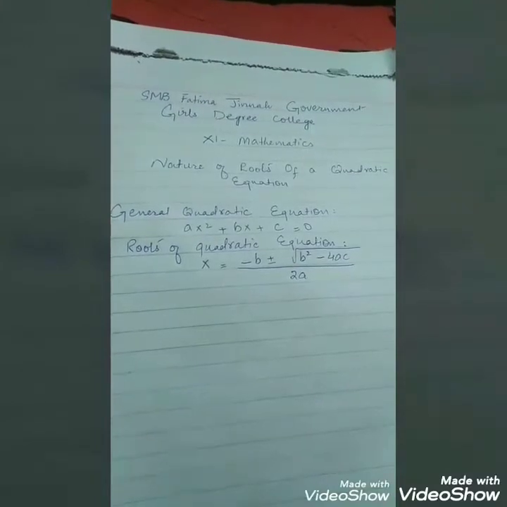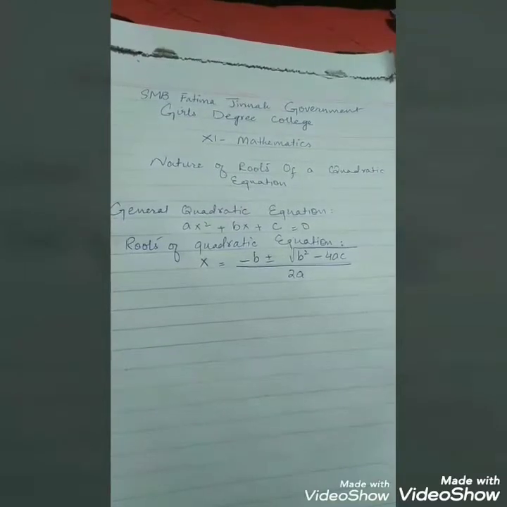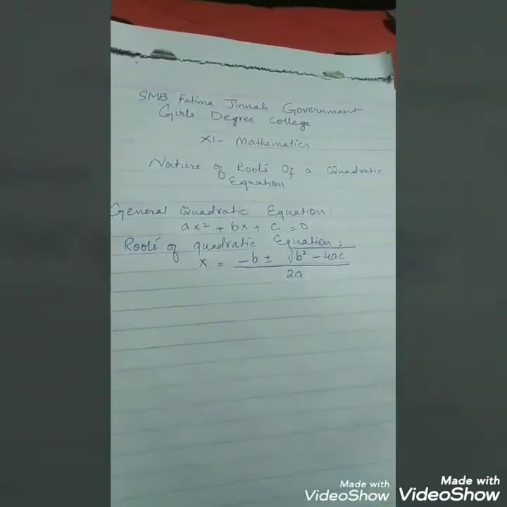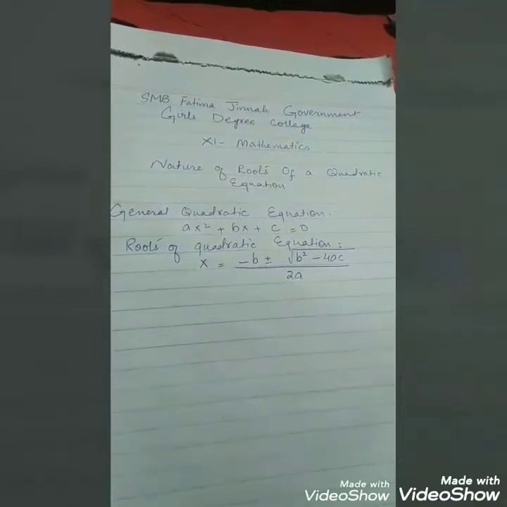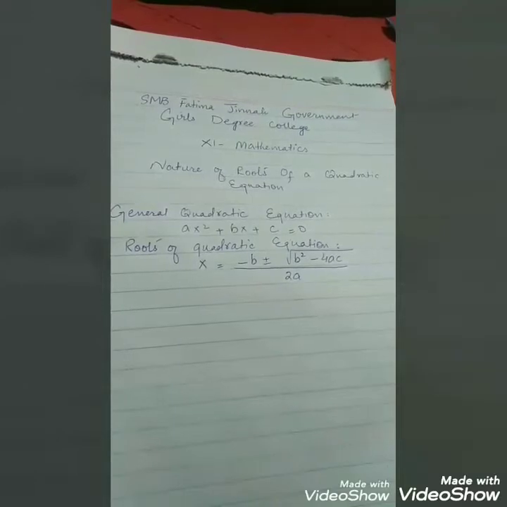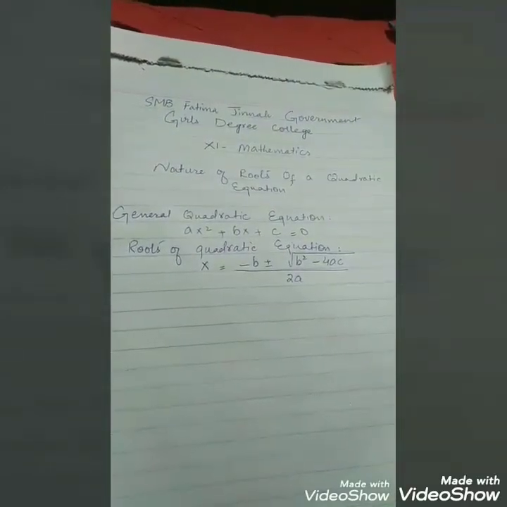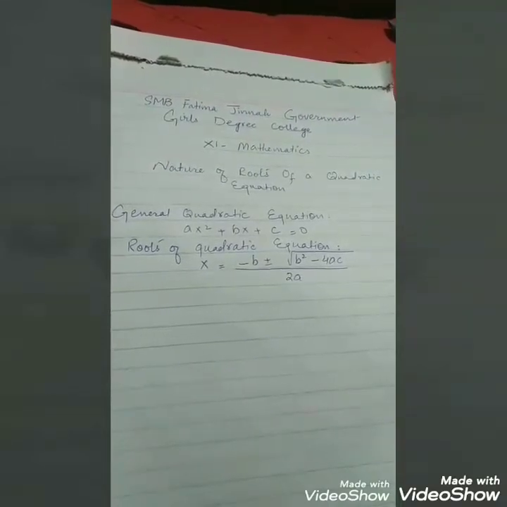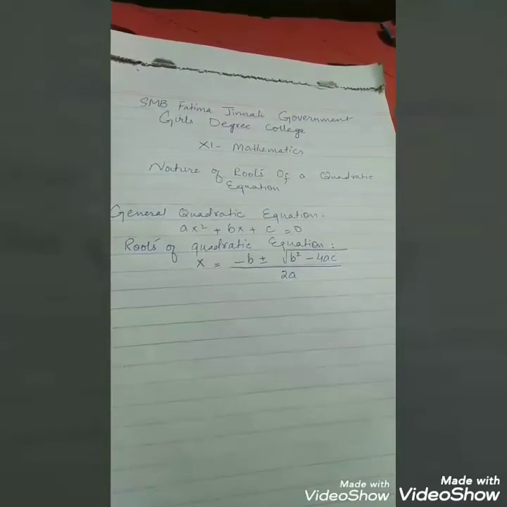Roots of the quadratic equation are given by the quadratic formula. The quadratic formula is x = (−b ± √(b² − 4ac)) / 2a. As we have already learned, a is the coefficient of the term x², b is the coefficient of the term x, and c is the constant term.